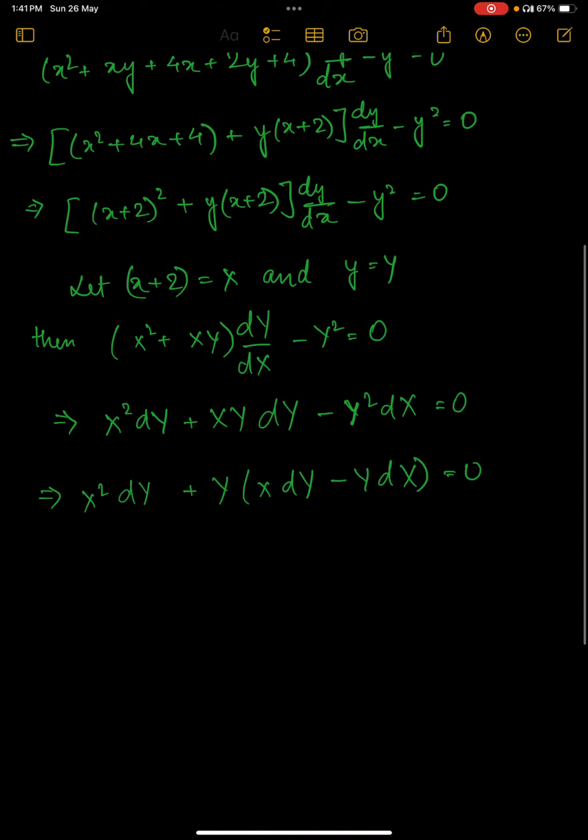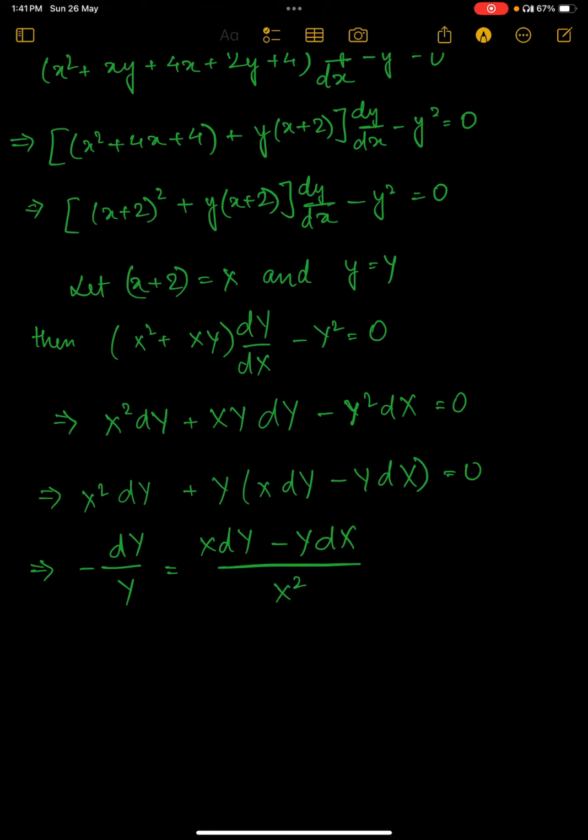So we can rewrite this as minus dY by Y is equal to X dY minus Y dX by X squared. So these expressions are very well known to us, and the left side is nothing but the differential of log mod of capital Y, and the term on the right hand side is the differential of capital Y by capital X.